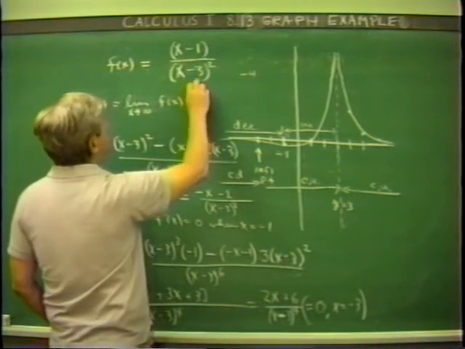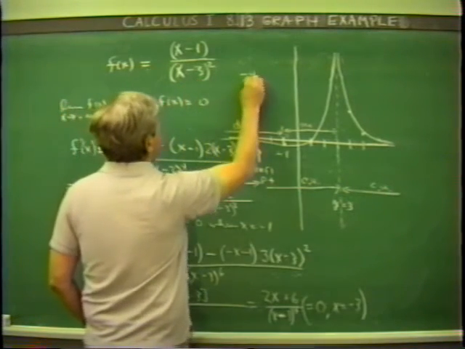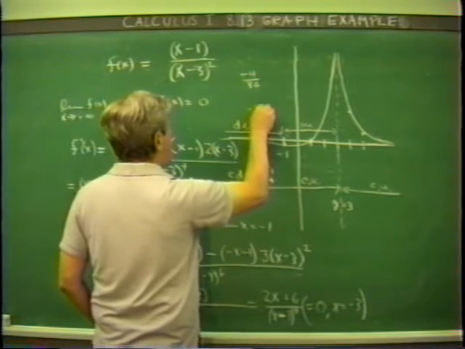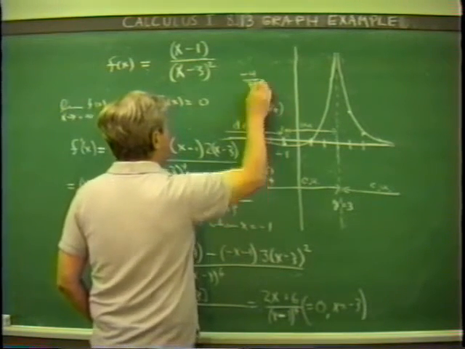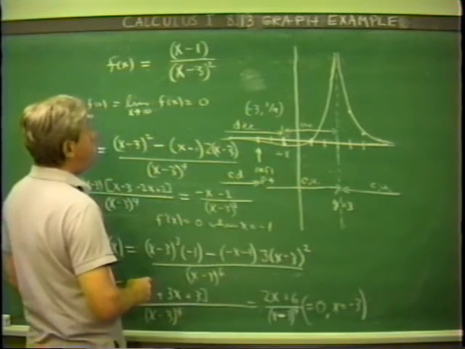And the value at the inflection point, f of minus 3, is minus 4 over minus 6 squared, over 36. So it's 1/9.